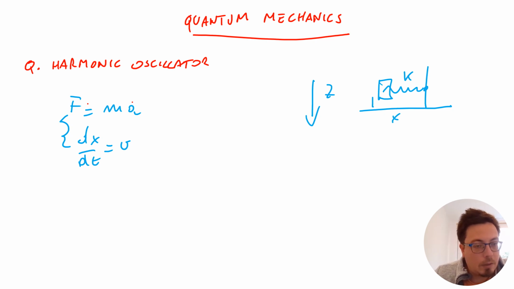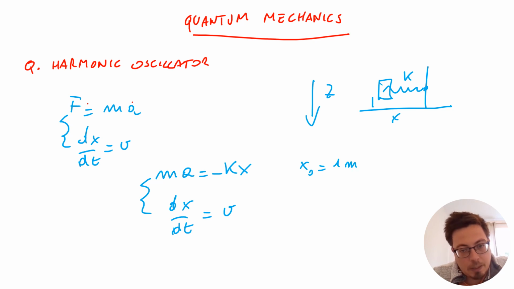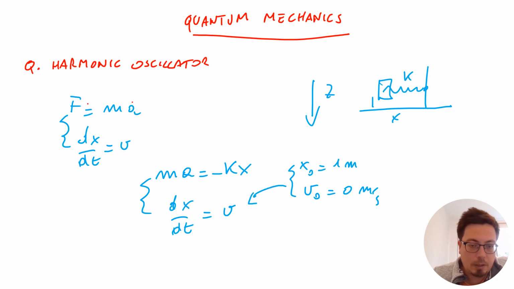In this case, we know that the force, which is ma, is equal to minus kx. And we also know that dx/dt is equal to the velocity, and this is enough. If we give the initial conditions, x0 equal to, for example, 1 meter, and v0 equal to 0 meters per second, with these two initial conditions we can solve this equation.